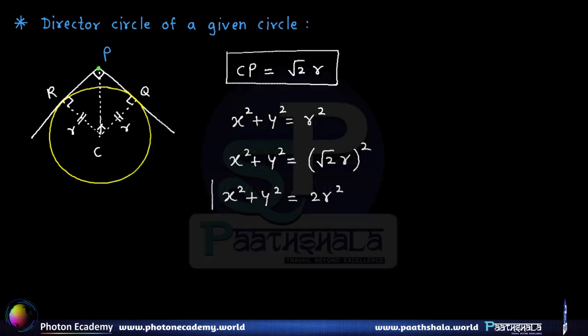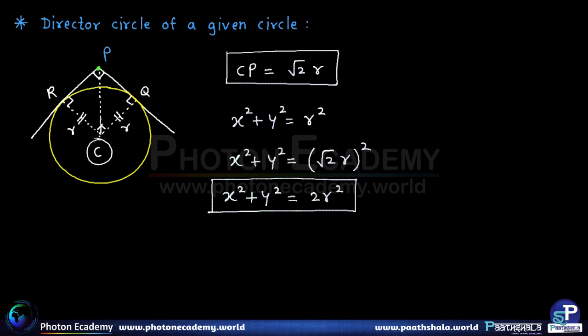So this is how we get the equation of the director circle. Now the same procedure will apply even if the circle is any general circle other than the standard circle. For a general circle, the director circle will still have the same center, and the radius will be root 2 times the radius of the given circle.